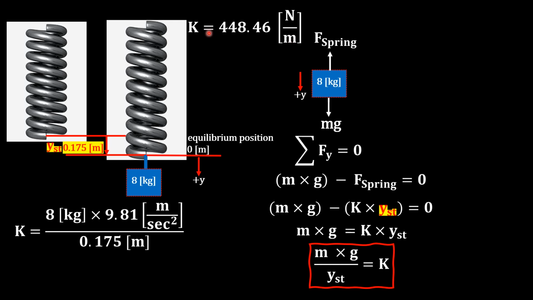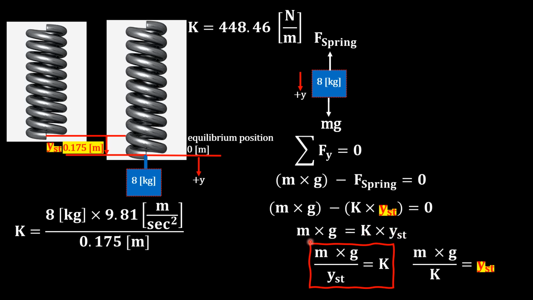So obviously, if this value is higher, so let's say instead of 448, it's 580, for example, that means this value of stretch will be less because the spring is stiffer. But I want you to pay attention to the y stretch in here. So now, instead of solving for k, we can also solve for y stretch.